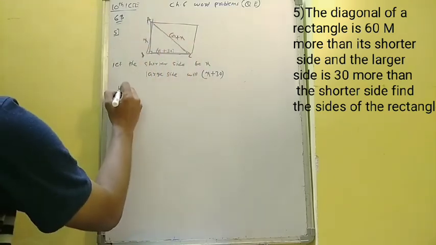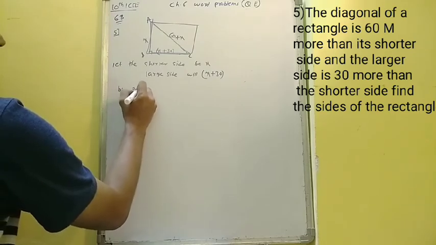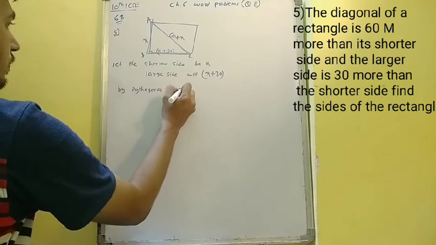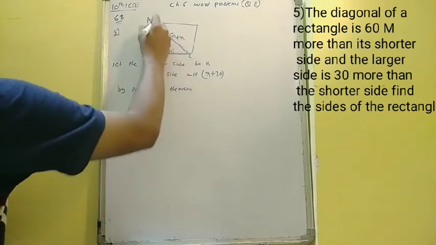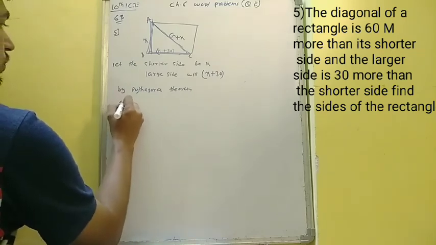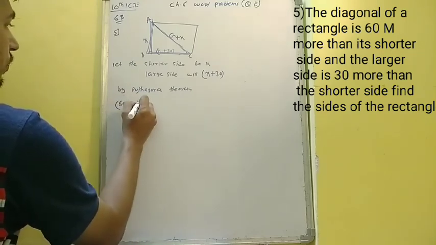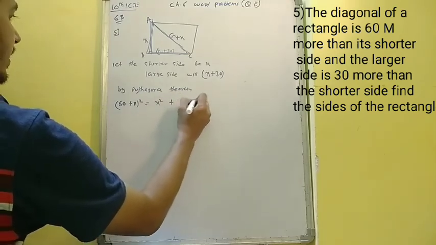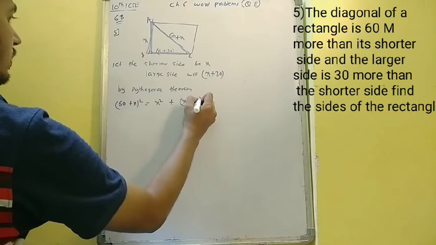So by Pythagoras theorem, hypotenuse square is equal to side 1 square plus side 2 square. So 60 plus x the whole square is equal to side 1, that is x square, plus side 2 square is x plus 30 the whole square.